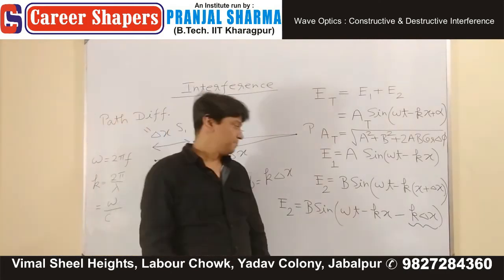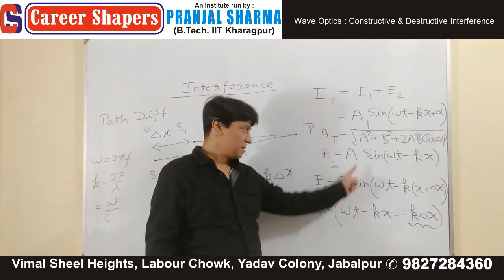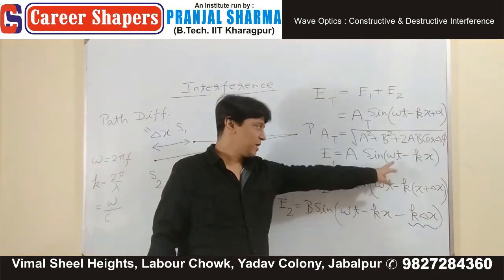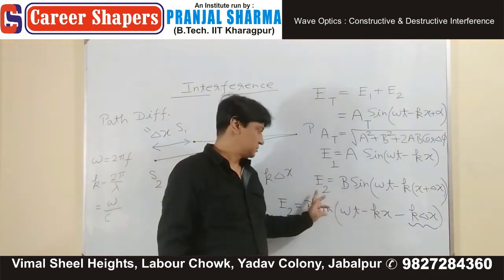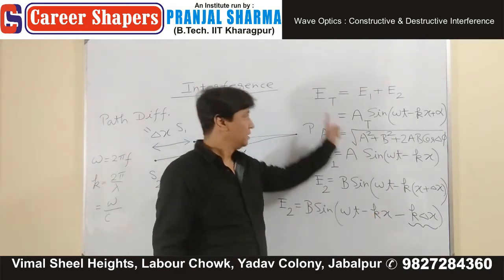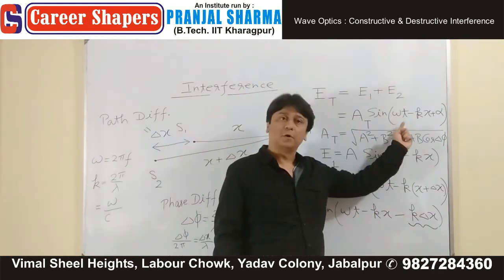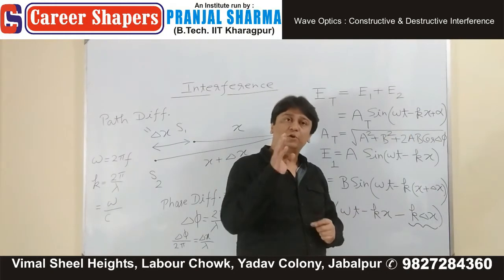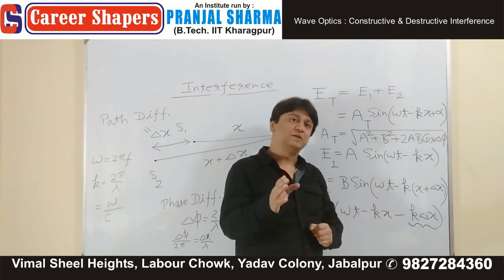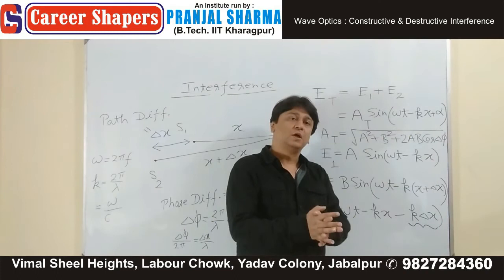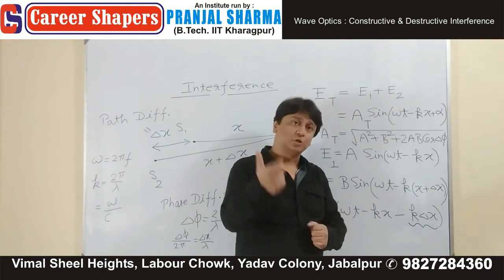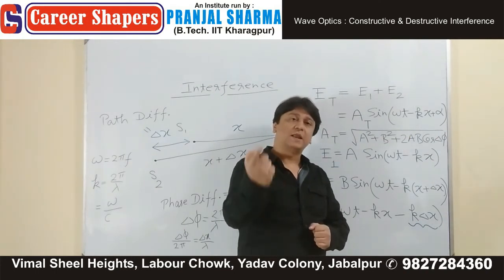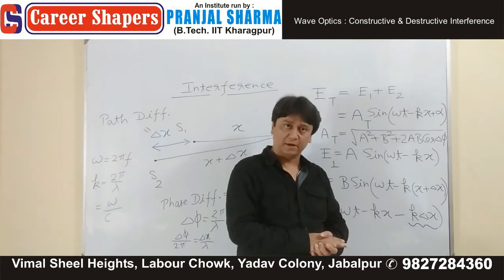Now, frequency of first wave omega, second wave omega, resultant wave omega. When two SHMs of same frequency are superimposed, resultant motion is also simple harmonic motion and has same frequency.